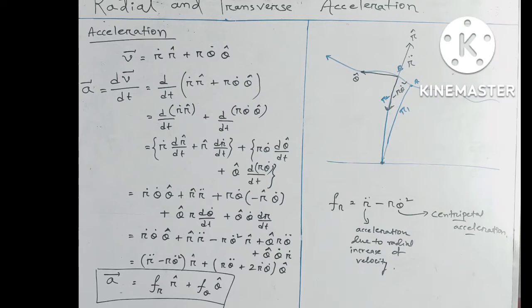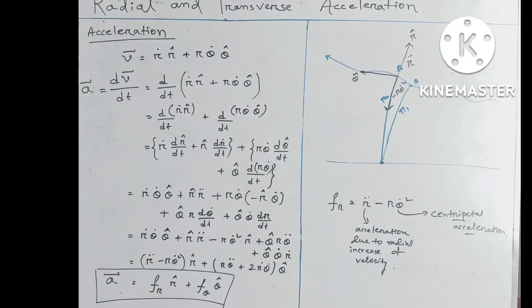Now let's talk about F theta. It is the transverse acceleration. So here F theta is equal to r theta double dot plus 2r dot theta dot.